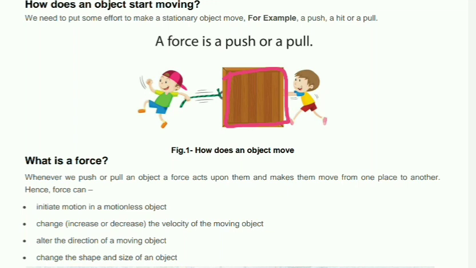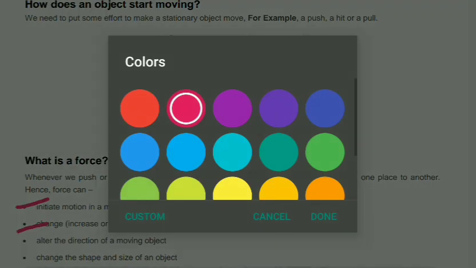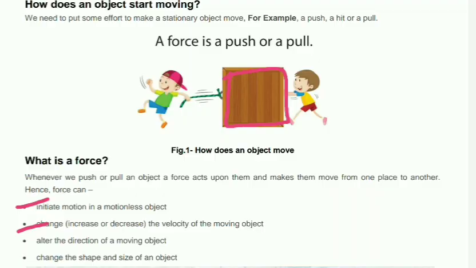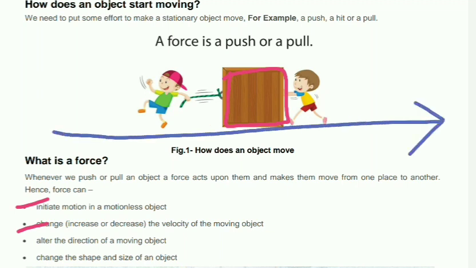Then another thing: force can change the velocity of a moving object. Previously you learned what velocity is. Let an object be moving in any direction. Let's consider the object is moving in this direction. This is the direction of motion or velocity.